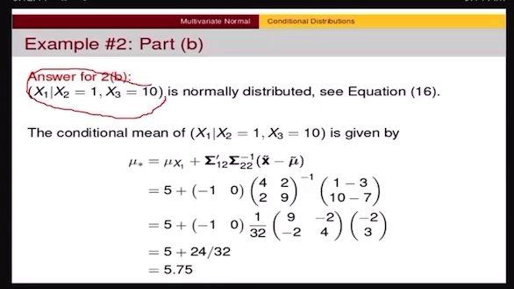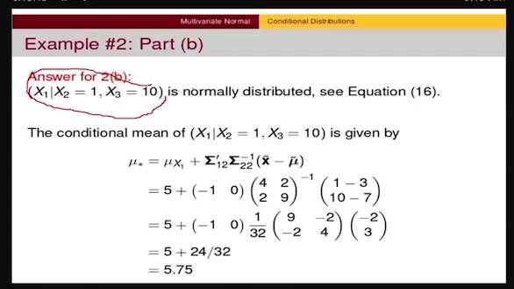I actually want to find X1. I'm interested in X1, the weight of the regular candy, greater than something, given that I already know X2 to be something and X3 to be something. And this is a conditional, and it is also going to follow a normal distribution.